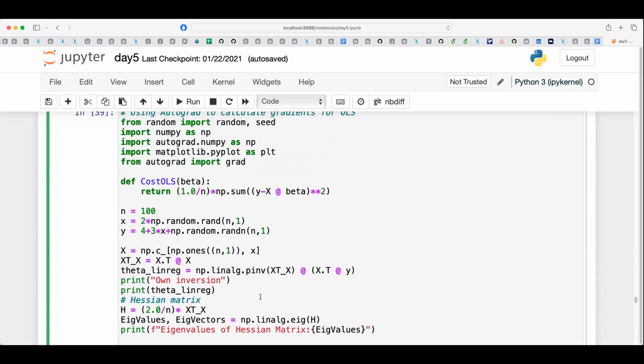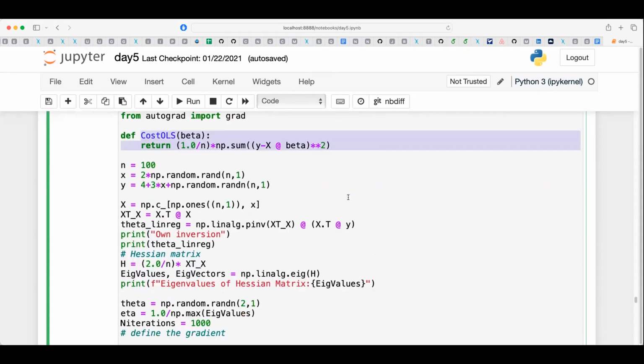This is extremely powerful because when you change the cost function, the only thing you need to do is set up a list of different cost functions. And then you can make a class with many different cost functions, and you can change around instead of setting up all the derivatives by hand.